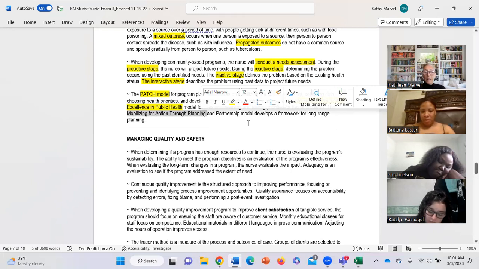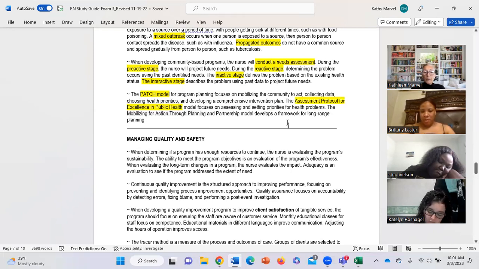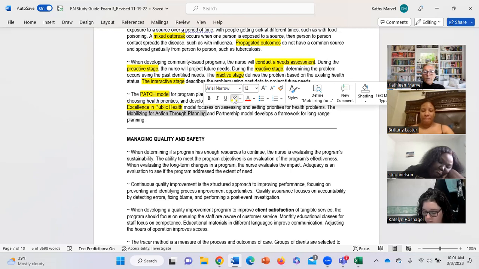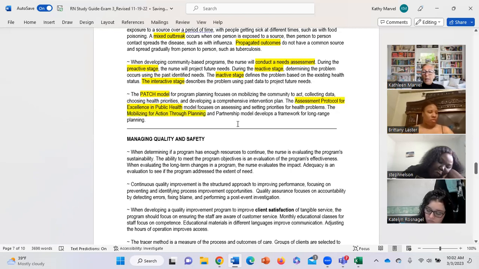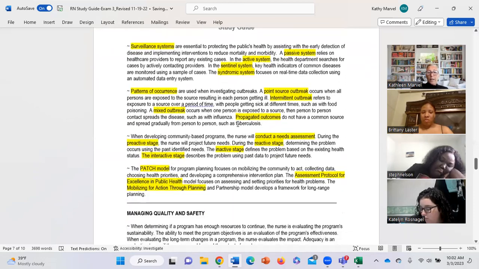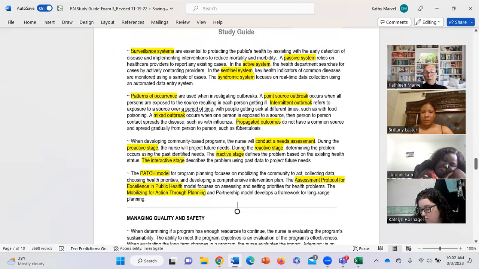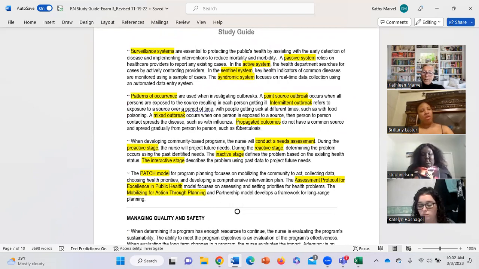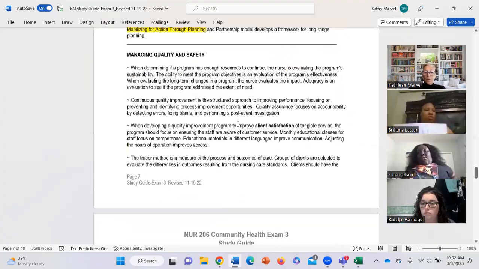It's called MAPP. And their focus is on long-term planning. Okay. So a lot of information in surveillance, but if you focus on these words that I've highlighted, hopefully it helps break it down.